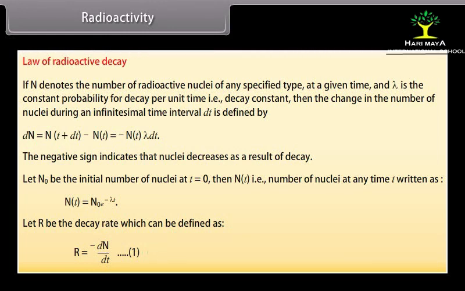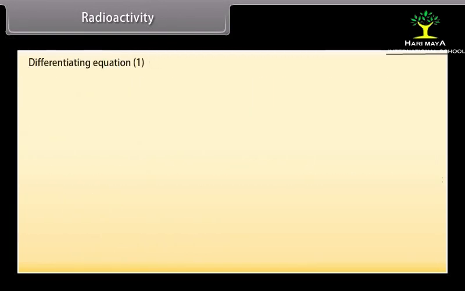Name it as equation 1. Differentiating equation 1, we get R = λN0 e^(−λt). Let λN0 equal R0. Then R = R0 e^(−λt).